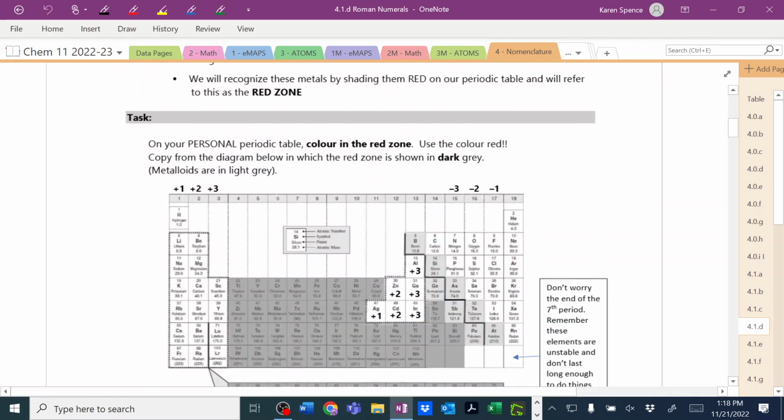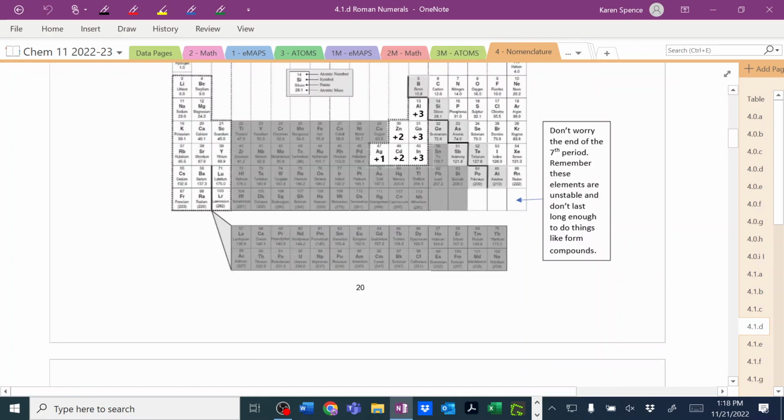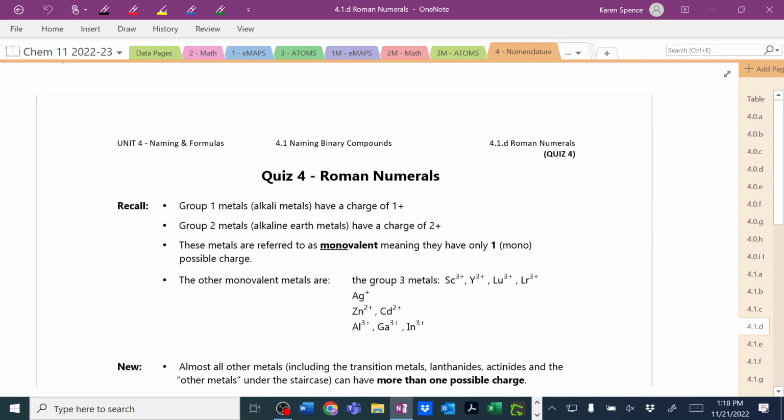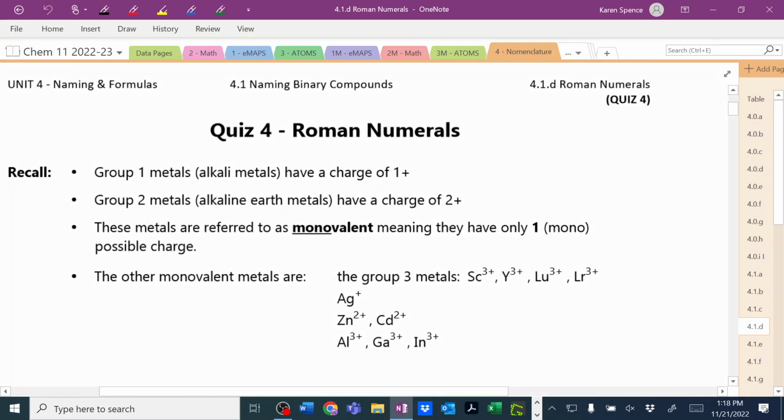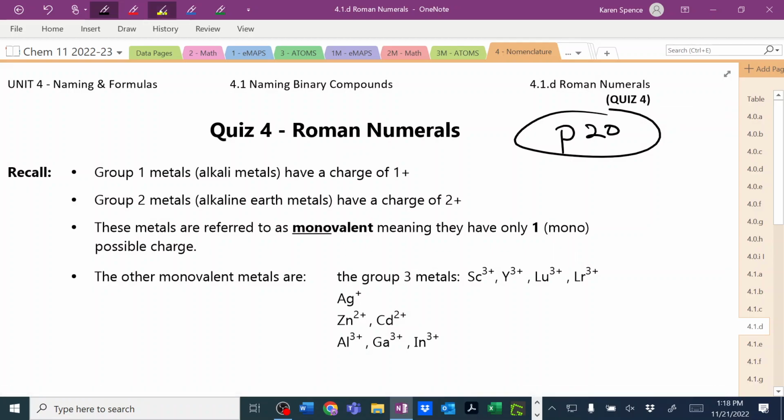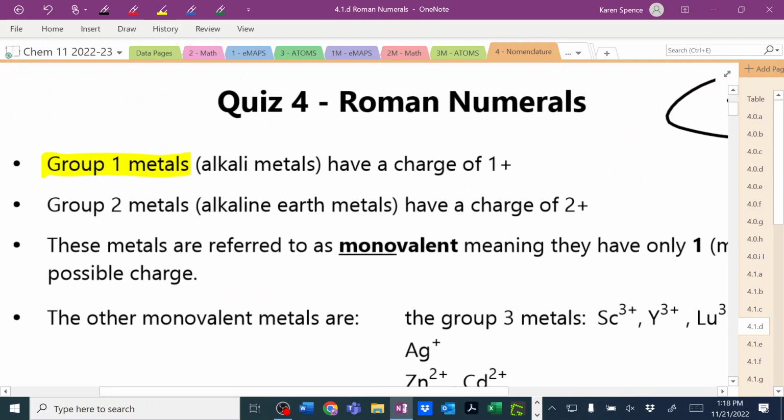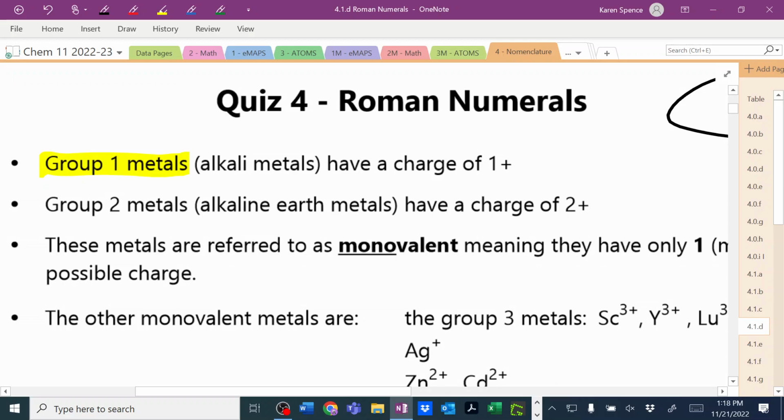So this is on page 20. Group 1 metals, the alkali metals, what is their charge when they form an ion? Group 1 forms ions with a +1 charge.